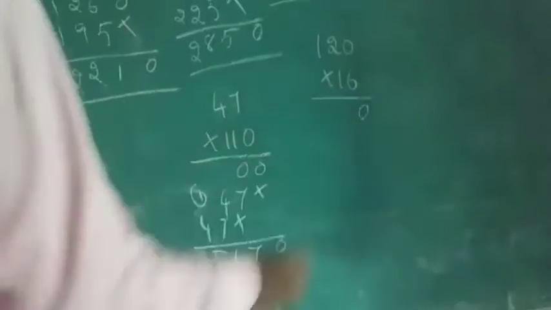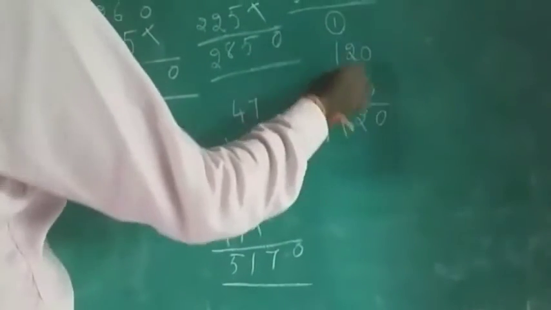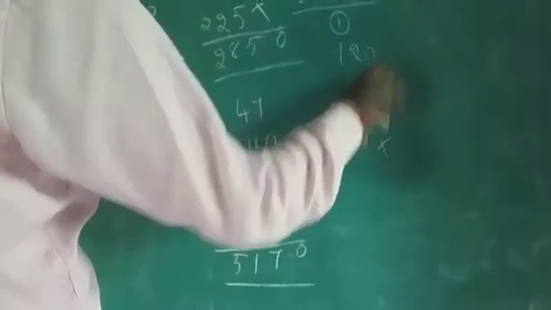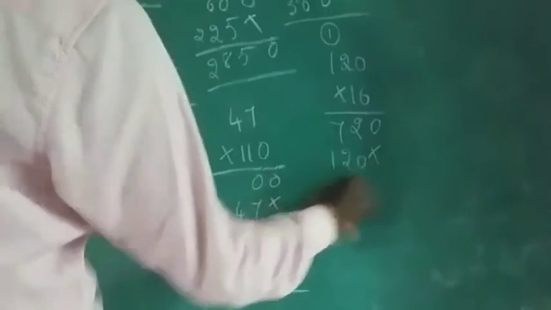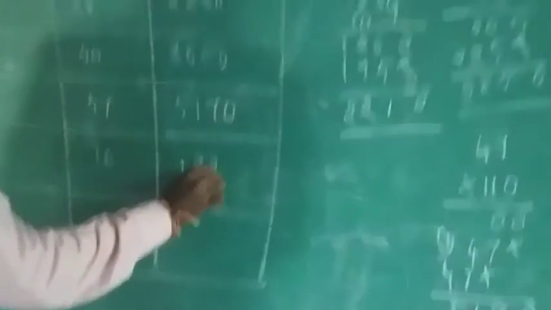6 zeros are 0, 6 twos are 12, 1 carry, 6 ones are 6, 7, 1 into 120 is 120, giving 1920.